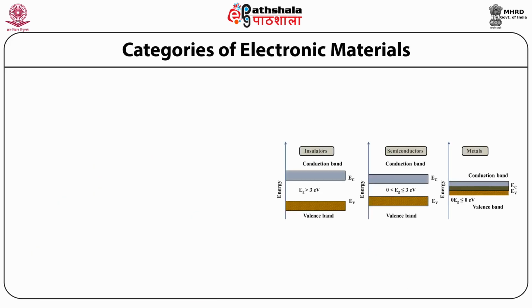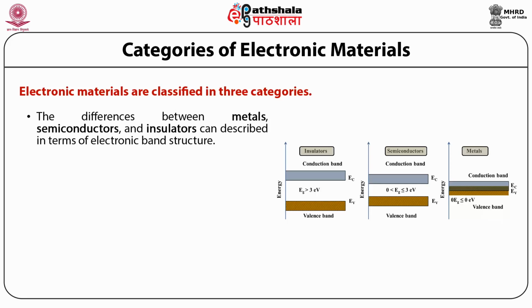Categories of electronic materials. So students, the electronic materials can be classified in three categories. First is a metal, second semiconductor, and third is insulator based on their electronic band structure. Now the below figure shows the schematic of the energy band diagrams for insulator, semiconductor, and metal.